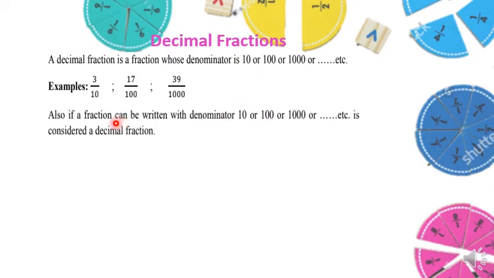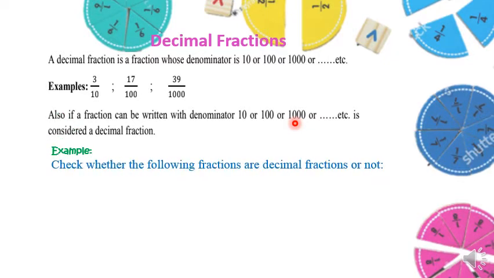It depends. Also, we can say it's a decimal fraction if its denominator can be written as 10 or 100 or 1000. It means I have to change the given fraction into a fraction whose denominator is 10 or 100 or 1000.